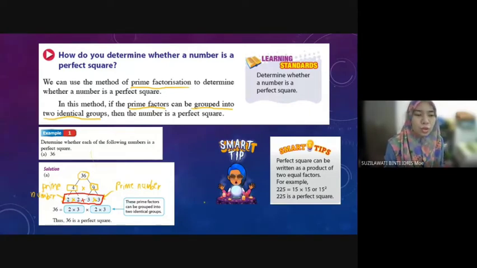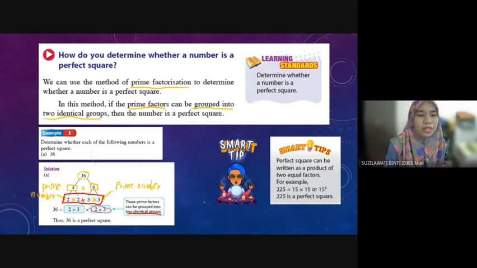So we can group these prime factors into 2 identical groups, which is 2 multiplied by 3, and 2 multiplied by 3. That is why this one is circled in a blue box here, to show that it is grouped into 2 identical groups.